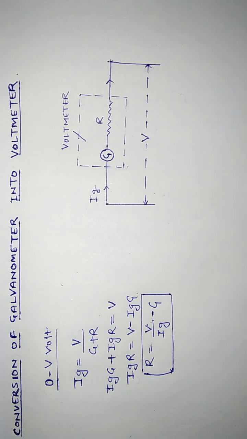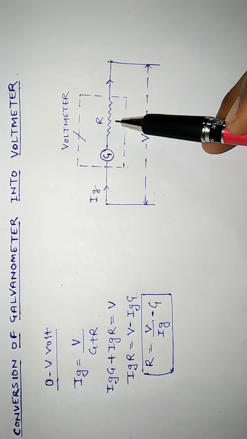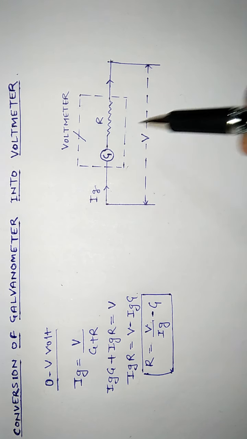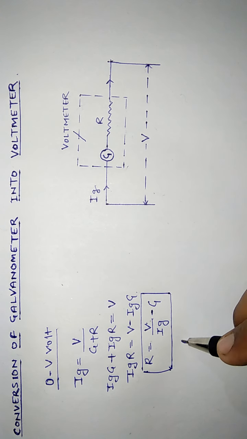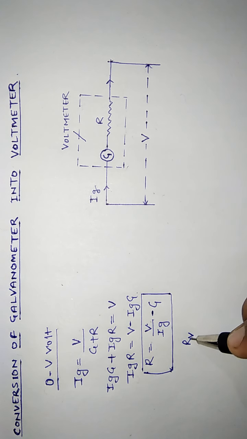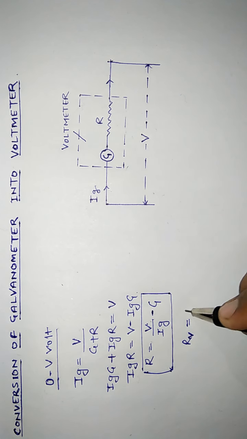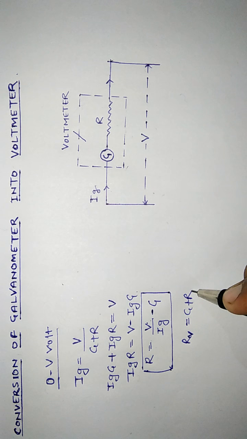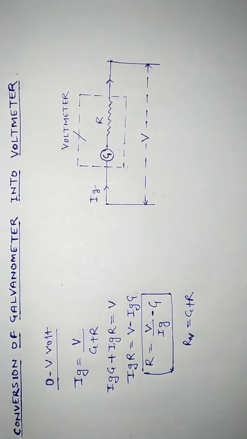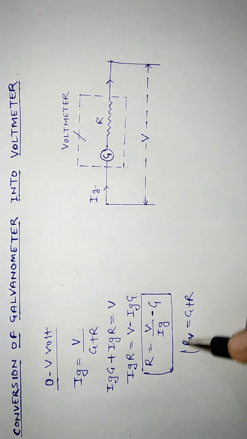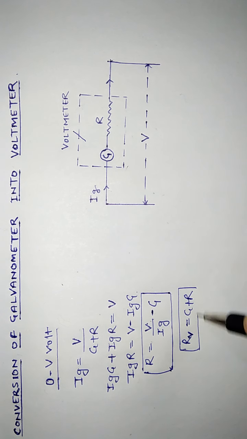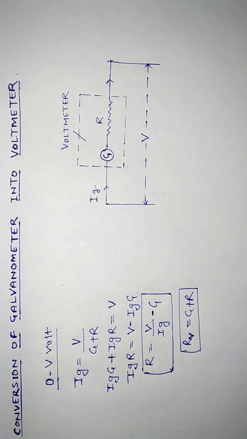The resistance of the voltmeter, if RV is the voltmeter resistance, will be equal to G plus R. An ideal voltmeter has a resistance which is equal to infinite.